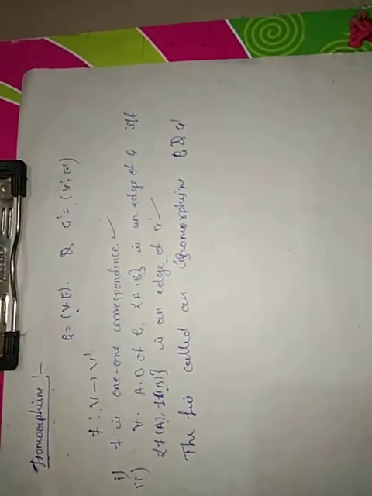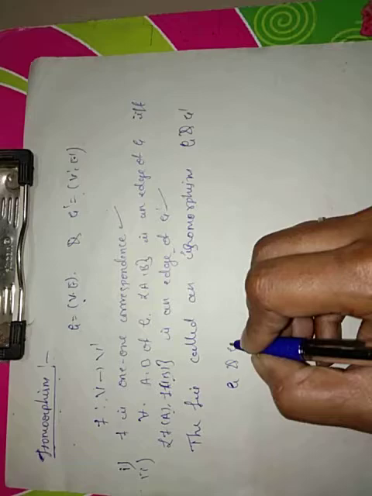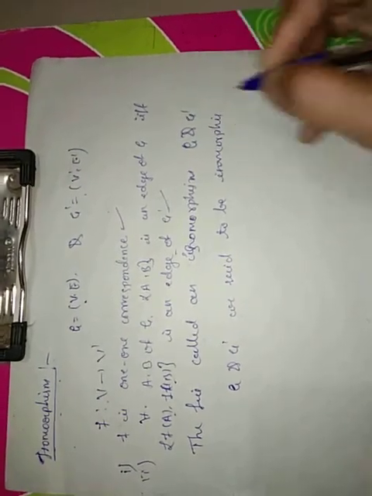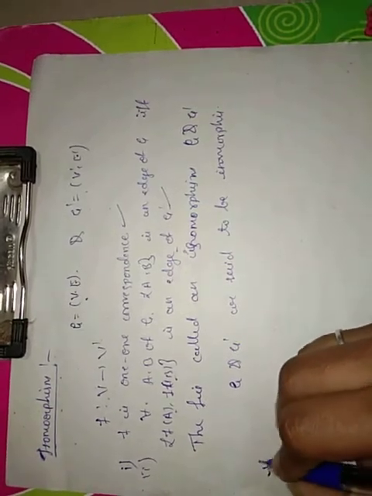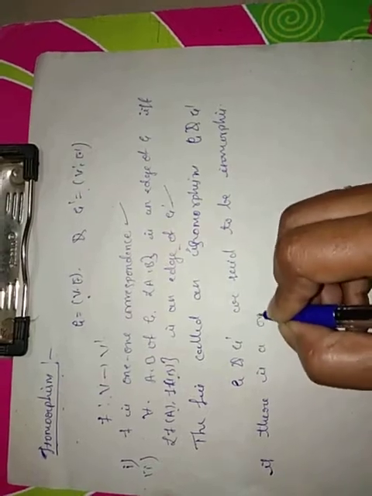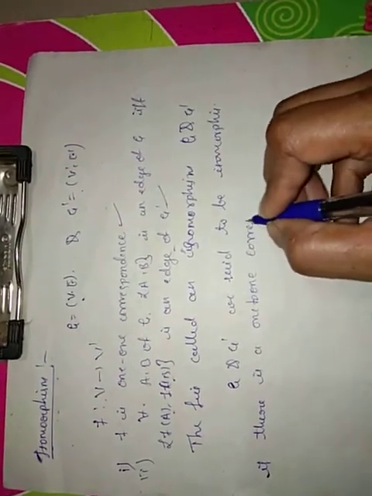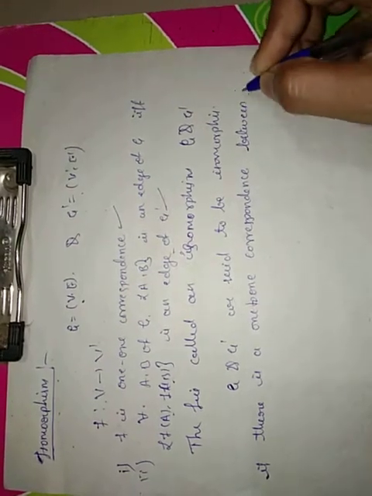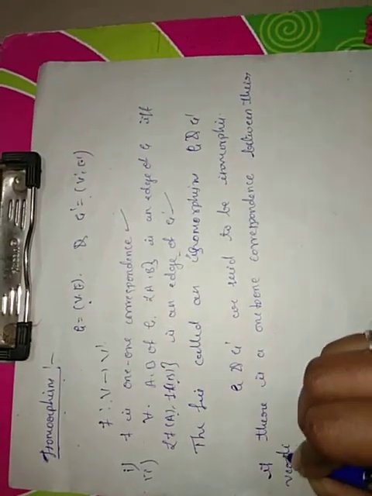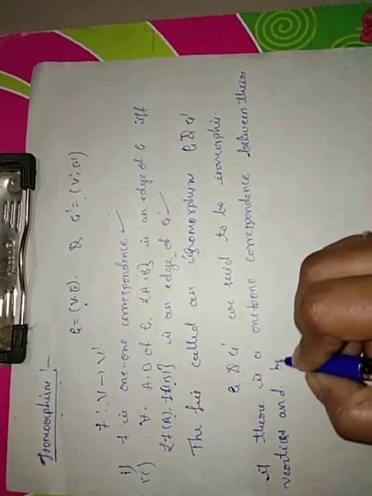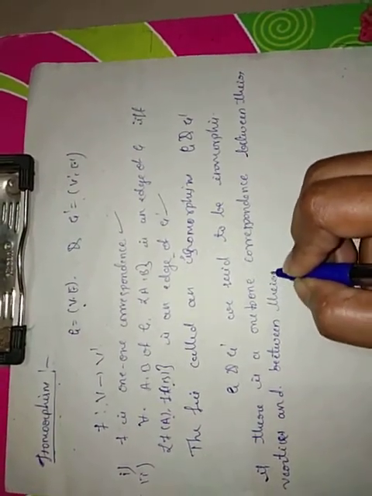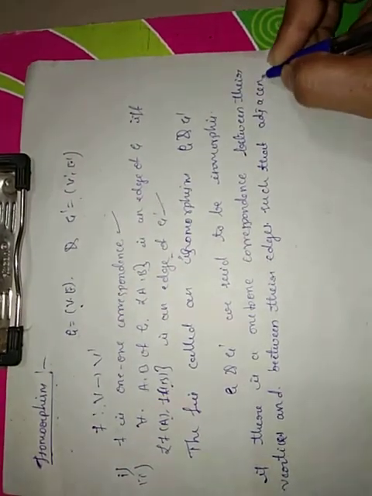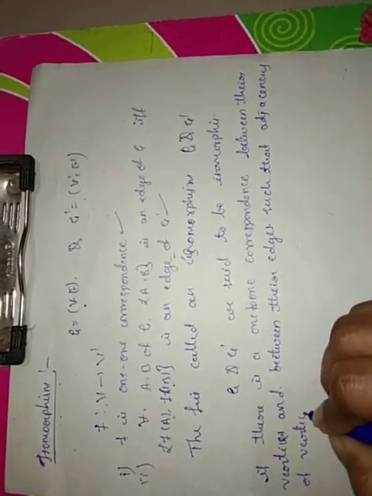There is also one more way to define the isomorphism. Graphs G and G dash are said to be isomorphic if there is a 1-to-1 correspondence between their vertices, and between their edges also, such that the adjacency of the vertices is preserved.